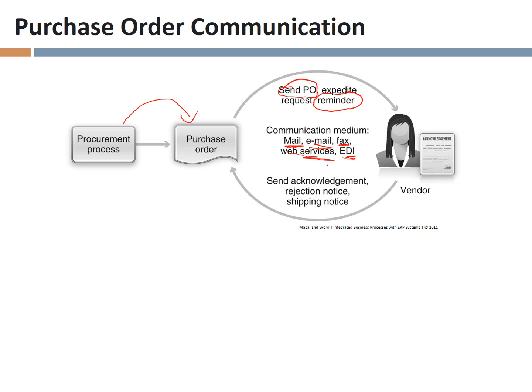And in fact, what's going to happen here is typically we're going to send the purchase order, and the vendor is going to acknowledge the purchase order, or they're going to send notice that they rejected the purchase order. Maybe our pricing is incorrect, or they no longer have the material, or for whatever reason they can't fulfill it. They can reject it. So I am either waiting for acknowledgement or rejection in response to my sending the purchase order, and then I'm also waiting for the vendor to send me shipping notice.